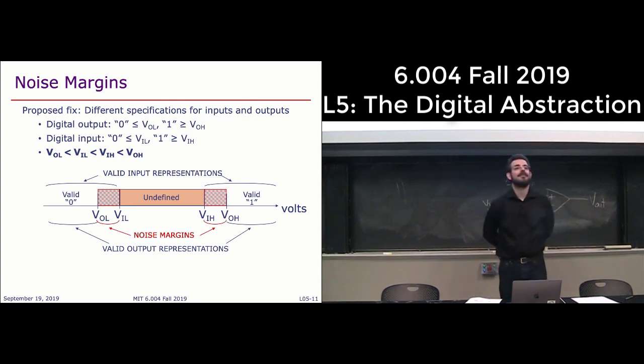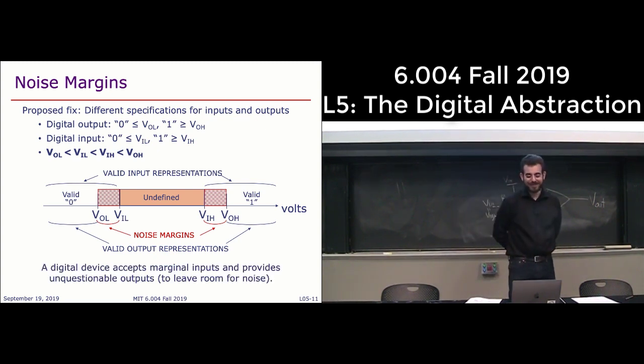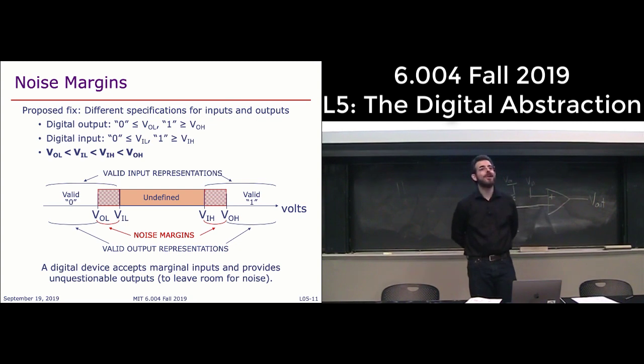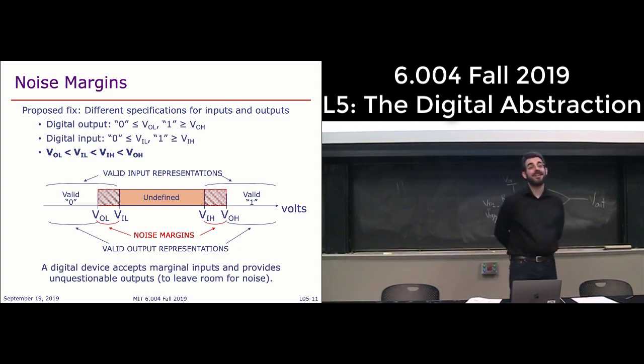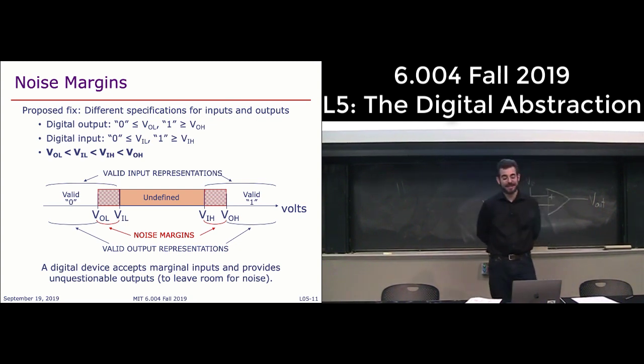Yes? If our input is between VOL and VIL, for instance, how do we decrease that voltage value to get below VOL for the output? That's a great question. So this is going to require something from these devices, right? And we'll see exactly what that is in a second.